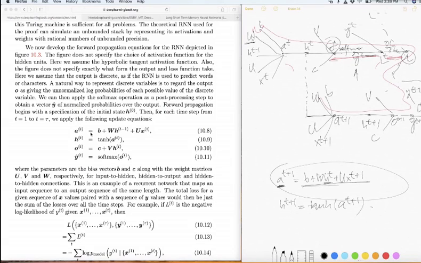History and input go through a layer W and U to generate an intermediate value AT, which passes through a nonlinearity, which is hyperbolic tangent, to generate the new state or the history of the network. Then we take this history, pass it through another linear layer. That gives us the outputs, OT, and the outputs are passed through a softmax function to generate the probabilities of the classes. Right? This is what we did last time.